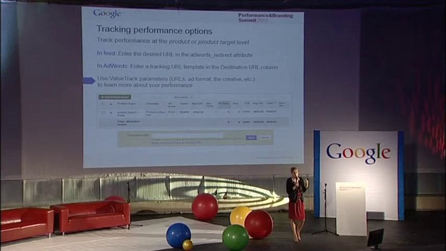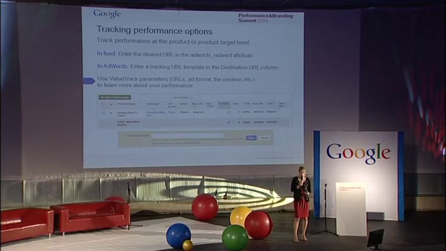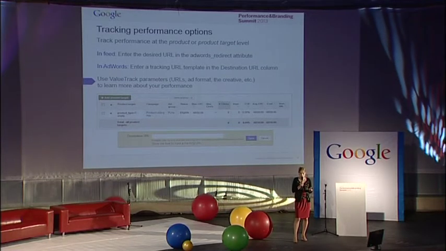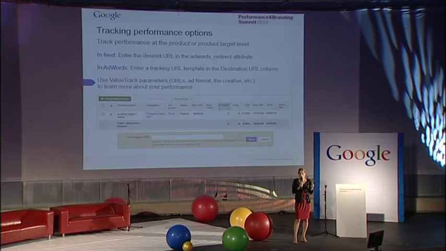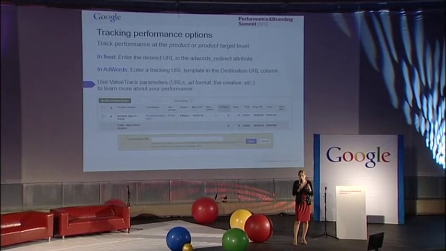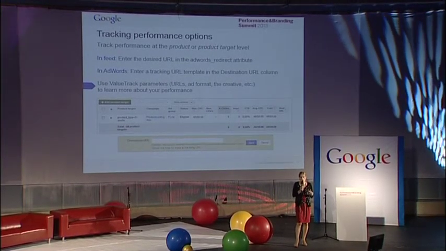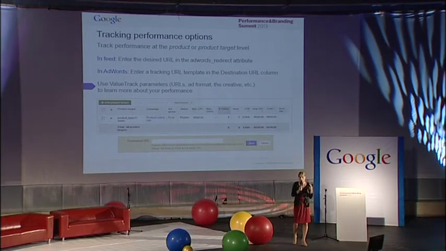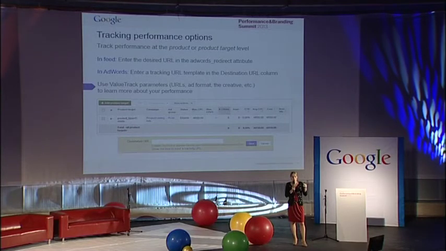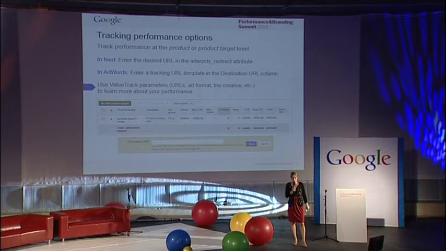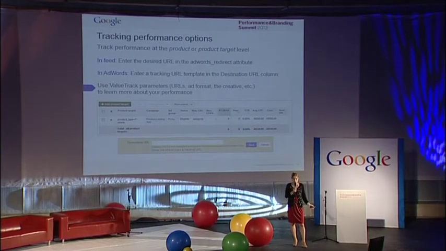One way is to add in the feed as an additional attribute, so an additional column if you want, what we call AdWords redirect. So it will be an additional optional column called AdWords redirect, and for each single item in your feed, you will have a tracking URL for them. That's one way to do it.